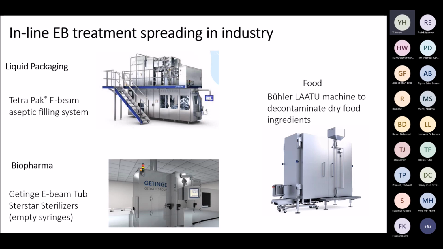And finally, the most recent is a machine proposed by Bühler. You see, it's a bit bigger than the refrigerator in your kitchen, and it is designed to decontaminate food ingredients. So very different from, of course, having to carry your spices, for example, to your nearest contract facility.